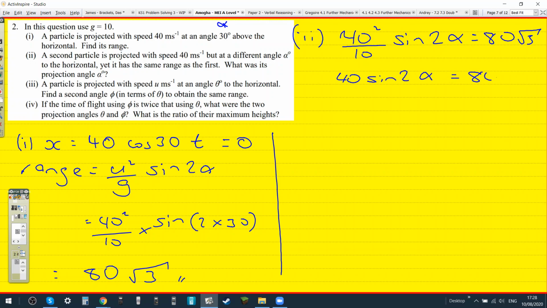Yeah, it just says 60. But there must be another solution. Hang on. So 40 sine 2 alpha is that. So sine 2 alpha must be equal to, is that right? No, 2 root 3. It could be 120.